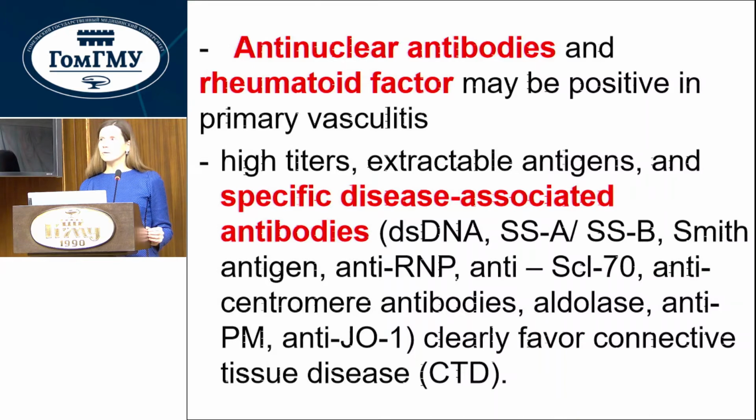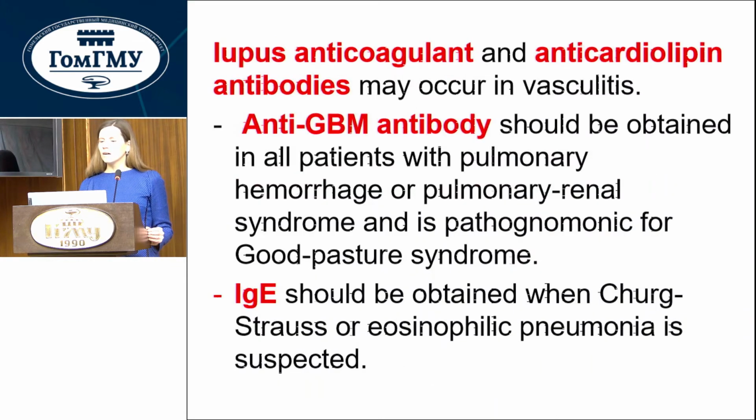Antibodies to basement membrane, to the lung and the kidney, and immunoglobulin E antibodies we can also very often find in Churg-Strauss disease.